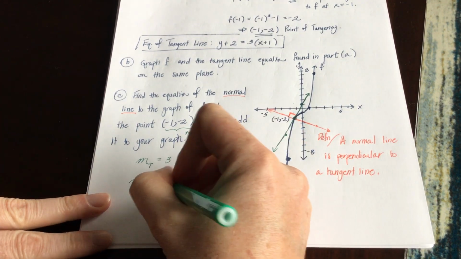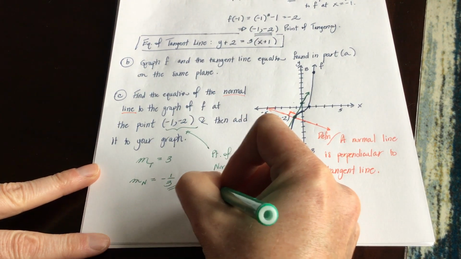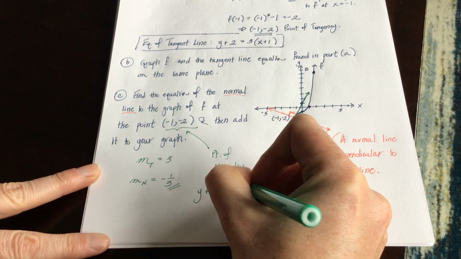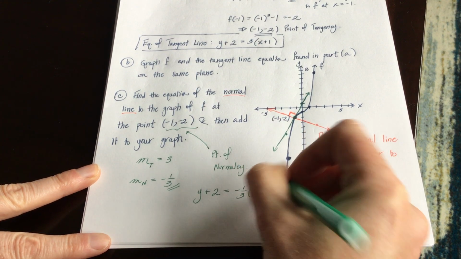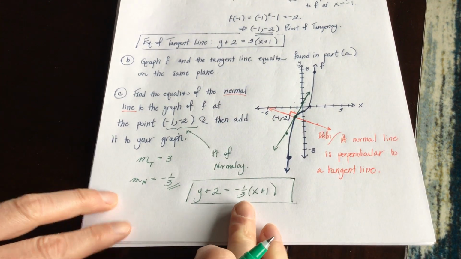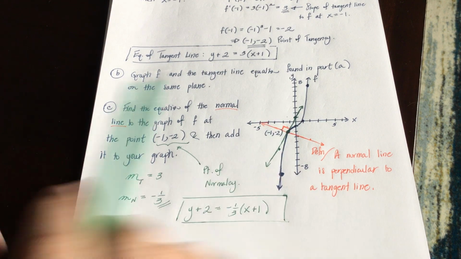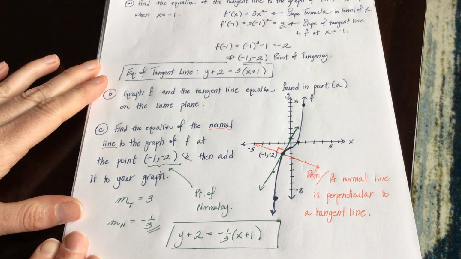And so you just use point-slope form. Here's your slope, and there's your point. So you'd have y minus -2, or y plus 2, equals your slope, which is -1/3, times x minus -1, or x plus 1. And then there is your equation of your normal line that intersects in the same place as the tangent line.